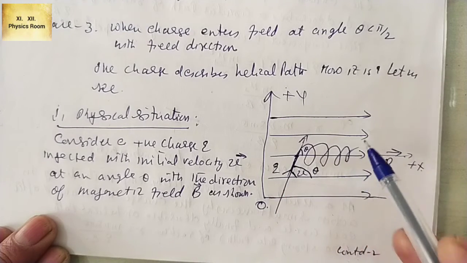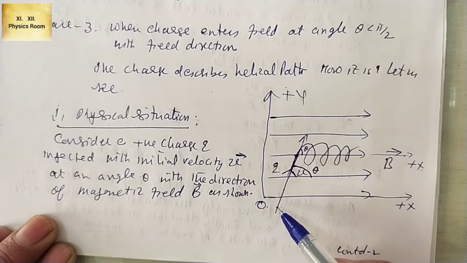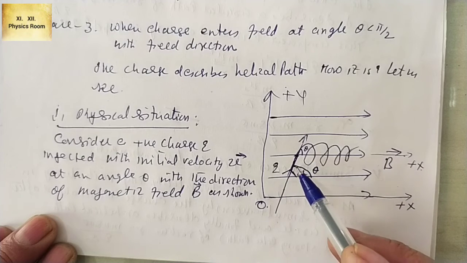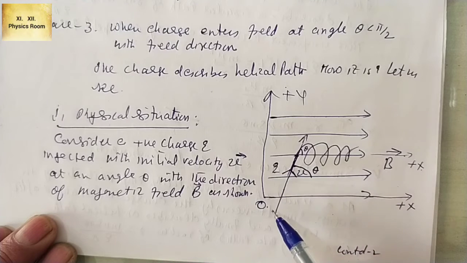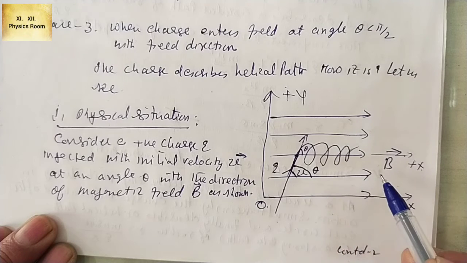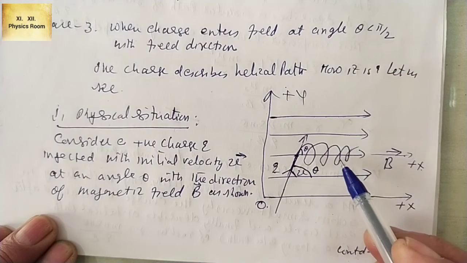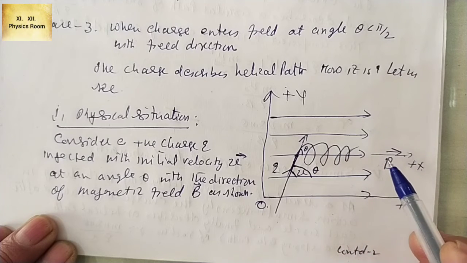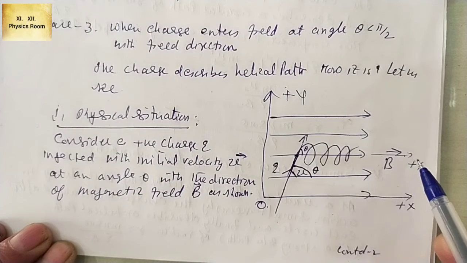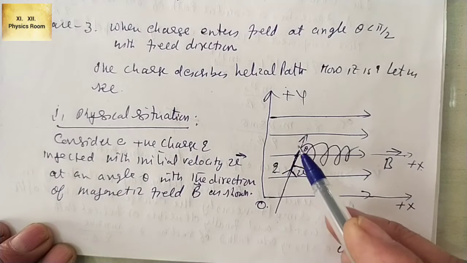Suppose the field is directed along the positive x-axis and the charge Q is entering with velocity V at an angle theta with the field. So it describes a helical path, just like a spring, as if you are moving on the surface of the spring wire. So it moves straight as well as describes a circle.